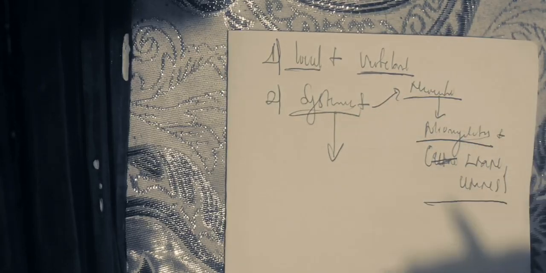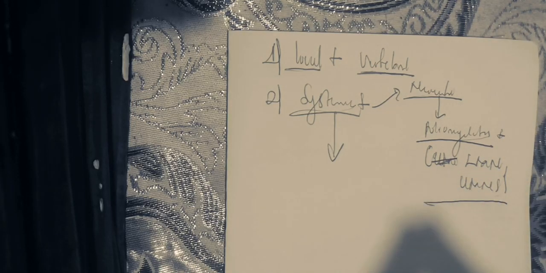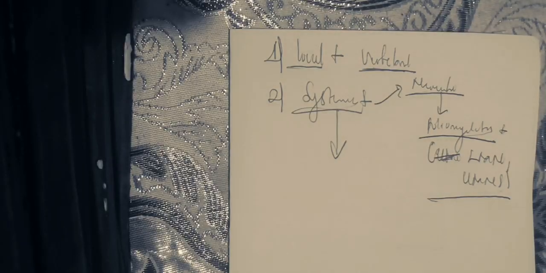Now, in the case of the systemic causes, like autonomic disorders such as Guillain-Barré syndrome, you're just going to have the lower motor neuron syndrome. You're not going to have the upper motor neuron syndrome, is it clear? Because it does not affect the spinal cord too, is it clear?